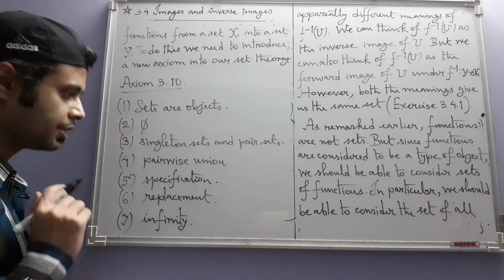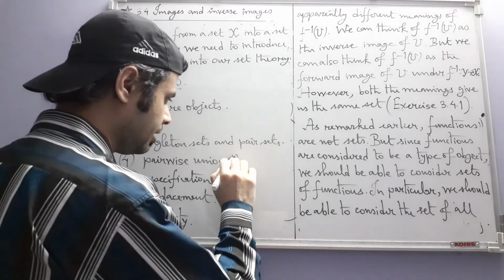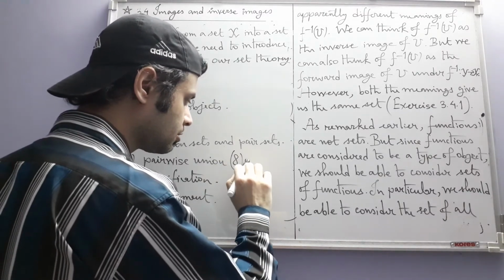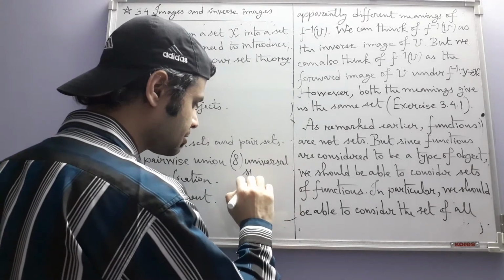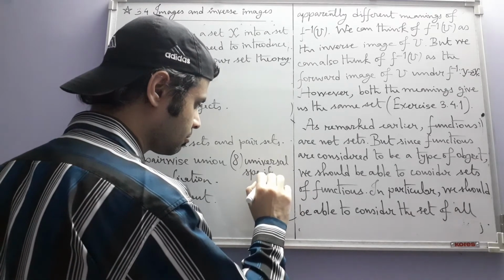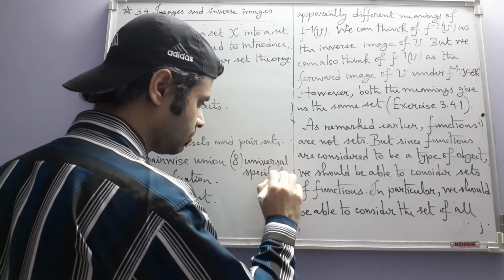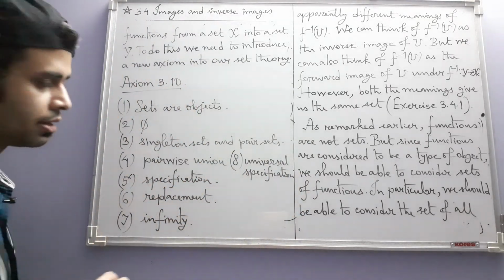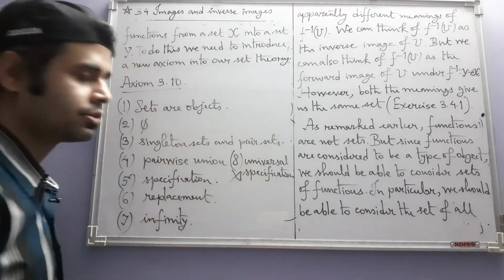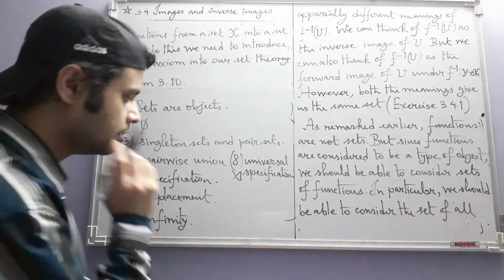Then we have the eighth axiom, the axiom of universal specification. And this particular axiom led to Russell's paradox. So this axiom cannot be introduced into set theory. We have already seen this.